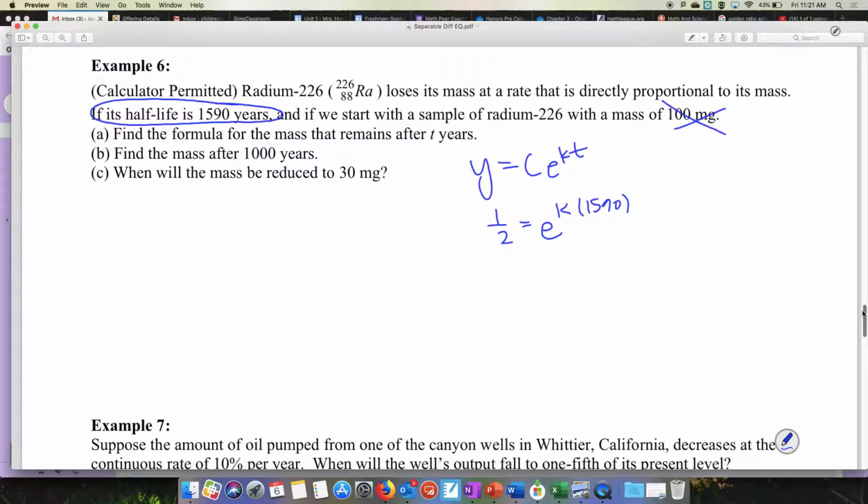So k is... our equation is y equals 100 e to the negative 0.000436.